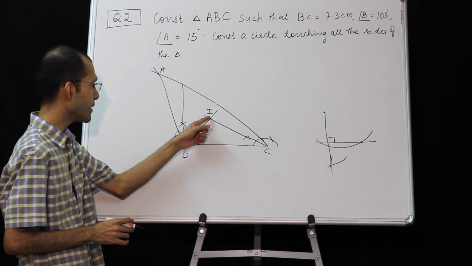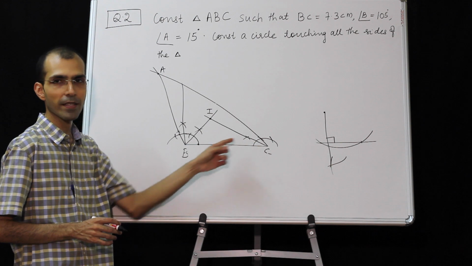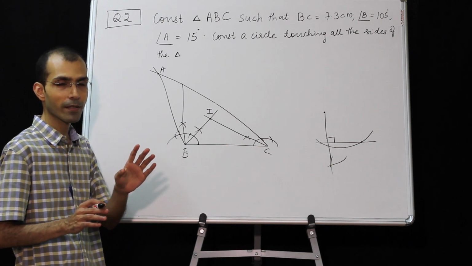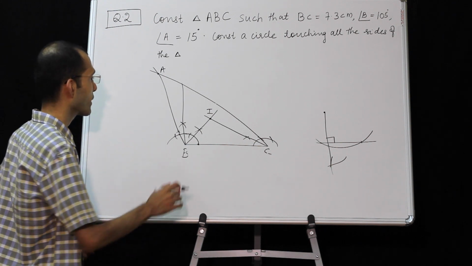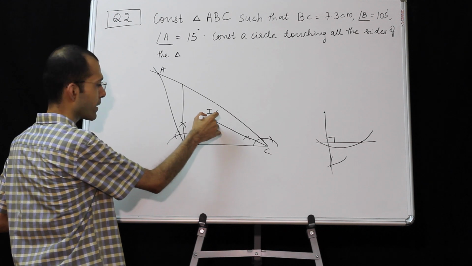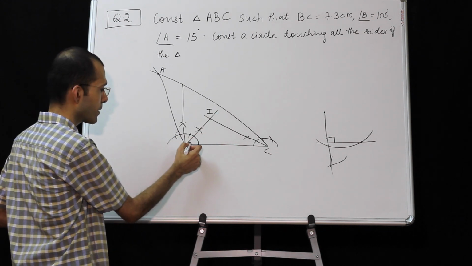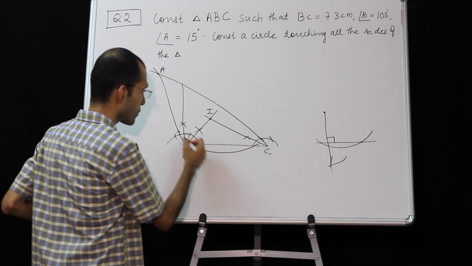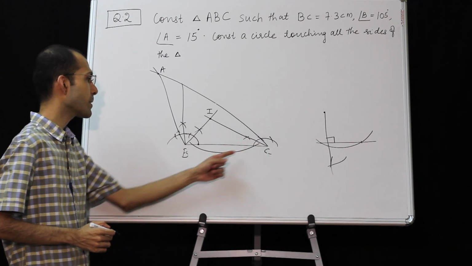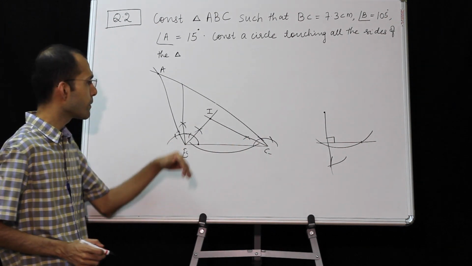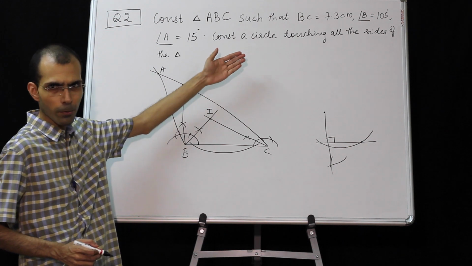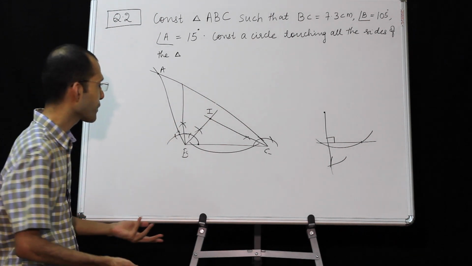Now from I we need to drop a perpendicular to BC, not a perpendicular bisector, perpendicular only. So with I as the center, draw an arc cutting the base in 2 points. We could have drawn on this side also, there is no problem. Any side you can draw.